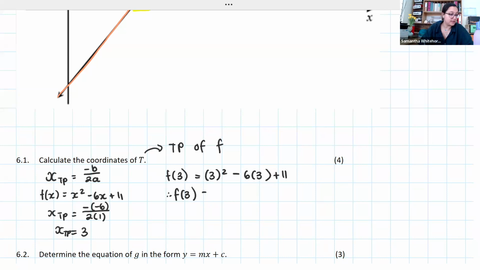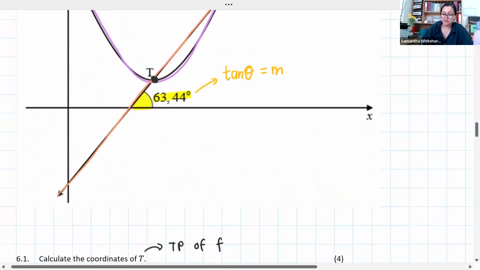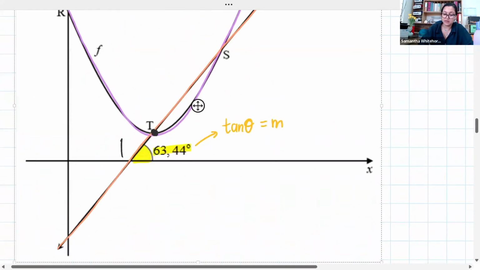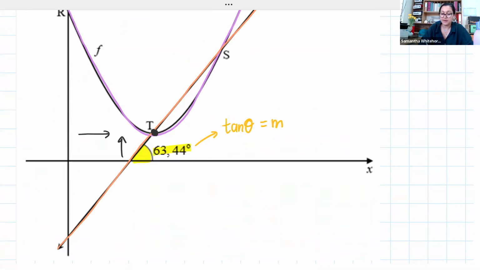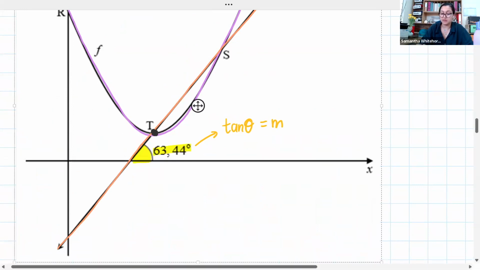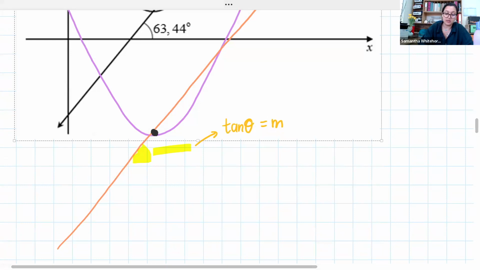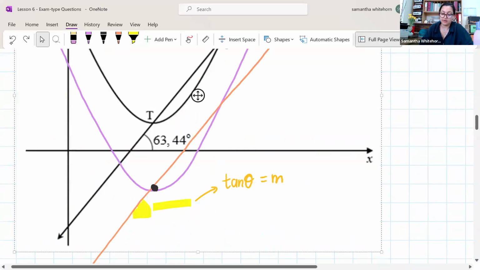Where x is equal to 3, your y value is 2. So the coordinates of your turning point are (3; 2). If you look at your graph, it is sitting above your x-axis and to the right of your y-axis. x is positive, y is positive. The answer I've gotten makes sense for the graph I've been given.